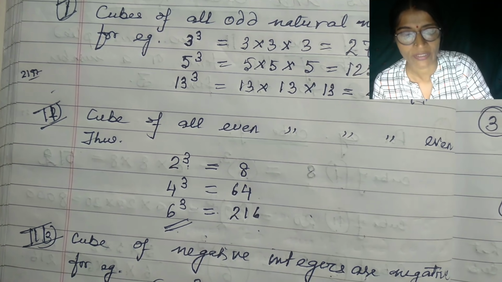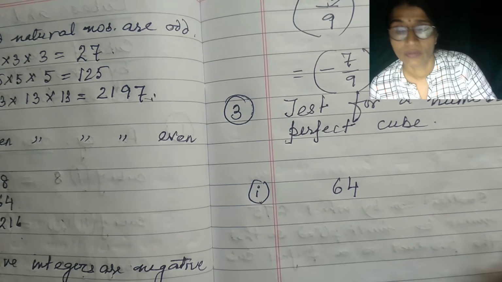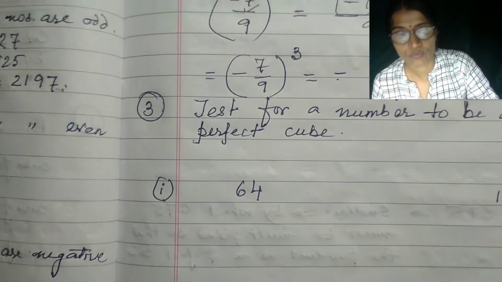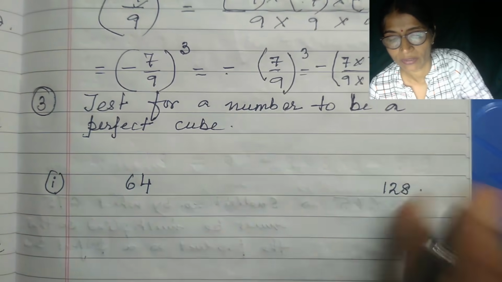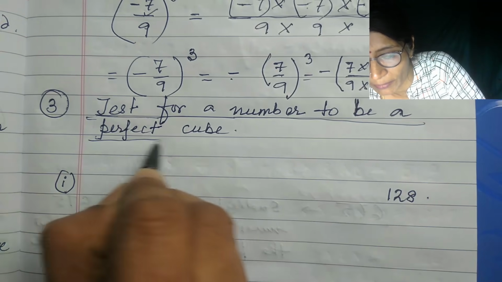So to check whether a given number is a perfect cube or not, what we will do is first find out its prime factorization. This is the test for a number to be a perfect cube.